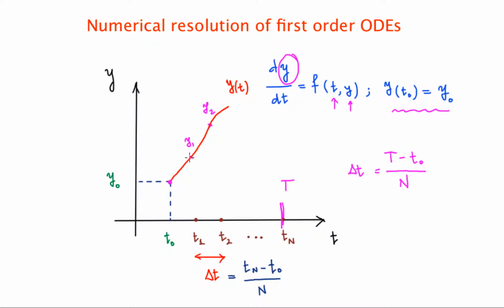Of course, the higher the number of points you define in the time mesh here, the more accurate the y function is going to be, because it's going to be evaluated in more time steps.